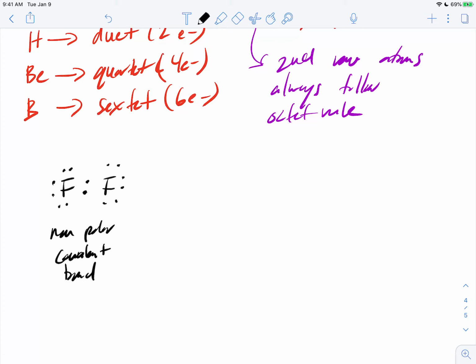They should be right in the middle. But for something like HCl, we are going to find that the chlorine is going to have its electron and the hydrogen electron more over towards itself, giving this partial positive for hydrogen and partial negative for chlorine. So this is a polar covalent bond.